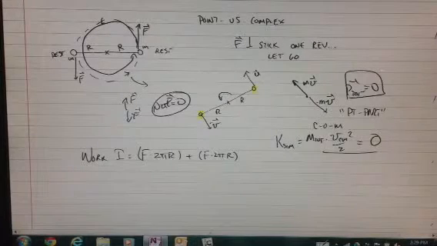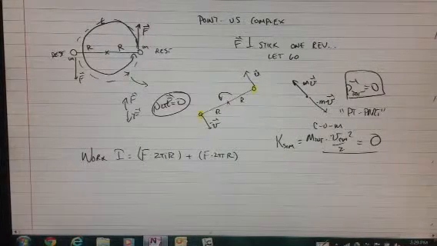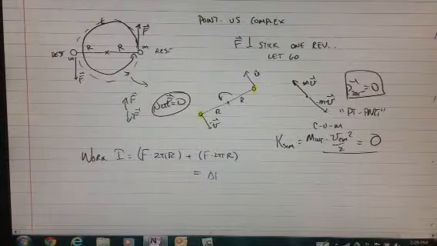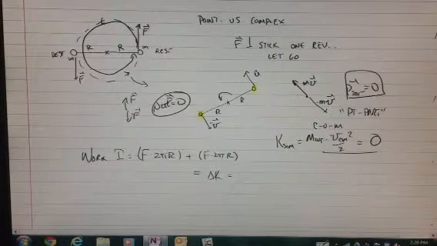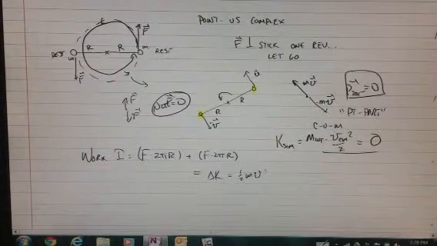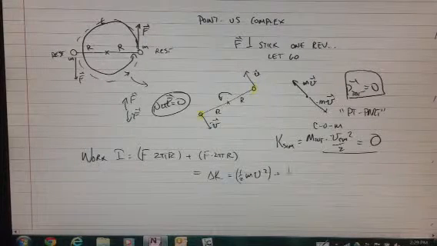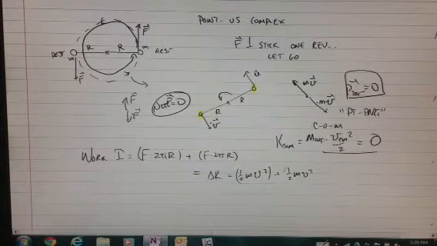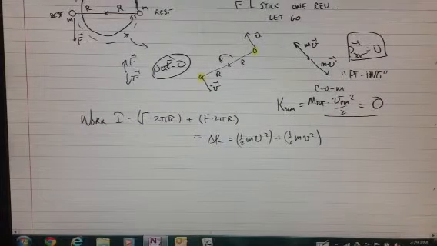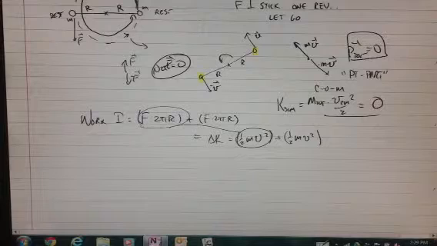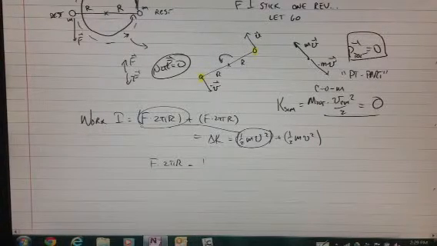So I definitely do work on these masses, and it winds up in the delta kinetic energy of the two objects. So that's 1/2 mv squared for the first object, plus 1/2 mv squared for the second object. In other words, I know exactly, because of the work I did, how much kinetic energy the object has got. F times 2 pi r is equal to 1/2 mv squared.